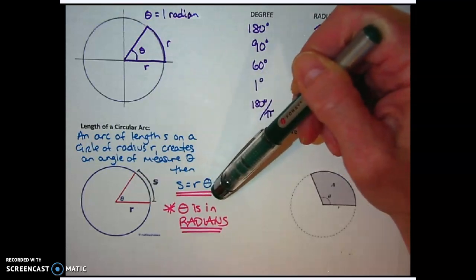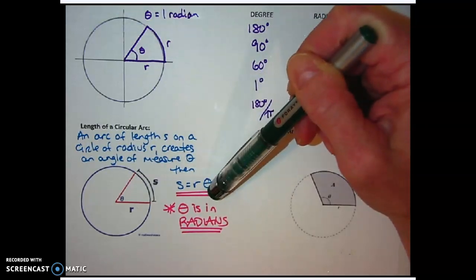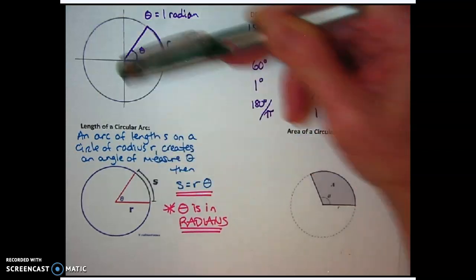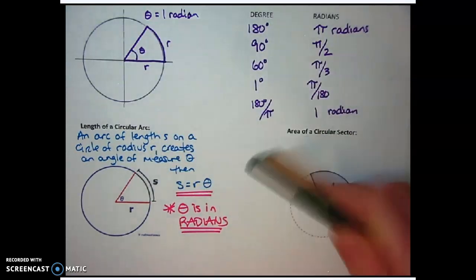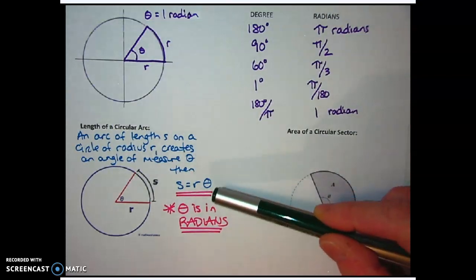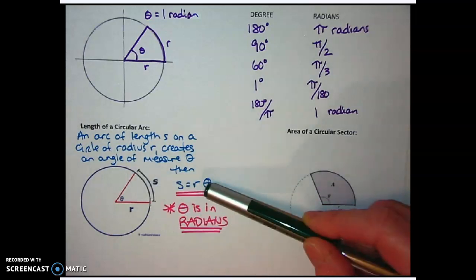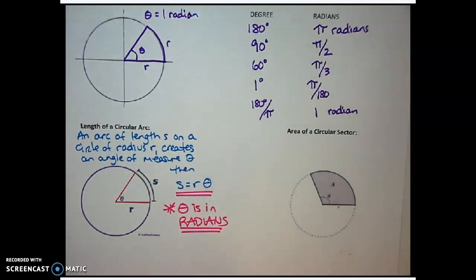If my angle measure is 1 radian, then my arc length is going to be 1 times whatever my radius is. If my angle is half of a radian, then my arc length s is going to be half of whatever my radius is. Keep in mind when you're using this formula, theta always has to be in terms of radians.